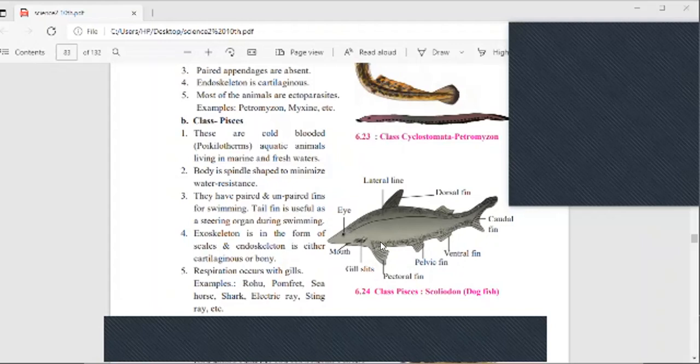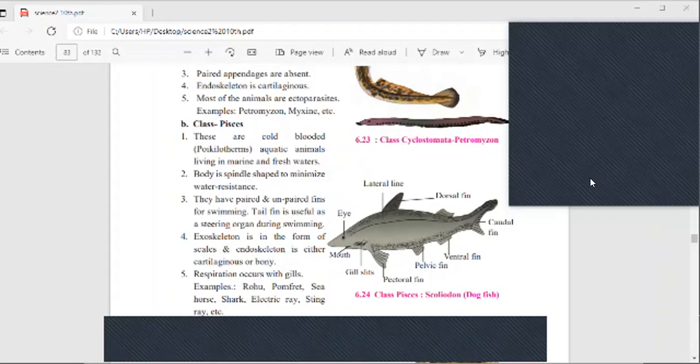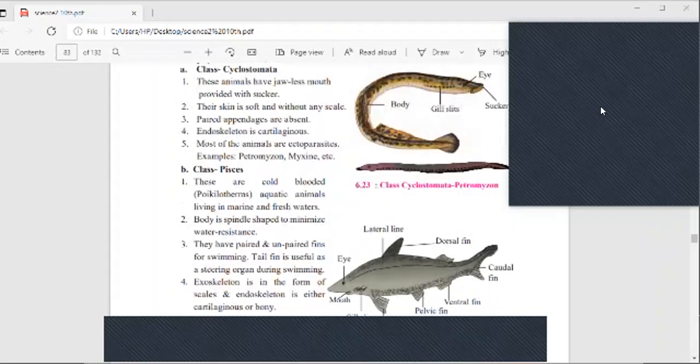You can give the answer properly. Hello, Alicia. What is meant by operculum? Hello. Yes, repeat the same. Covering on the gill slits. Yes, very good. You are attentive.